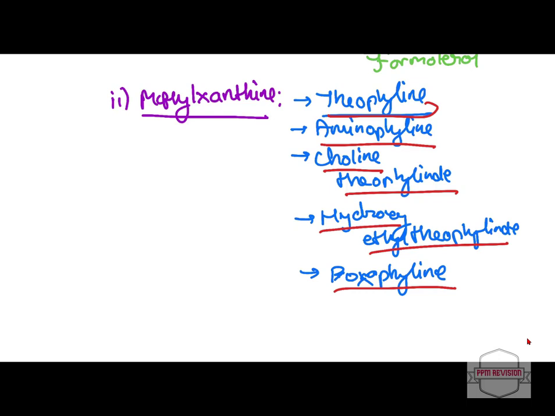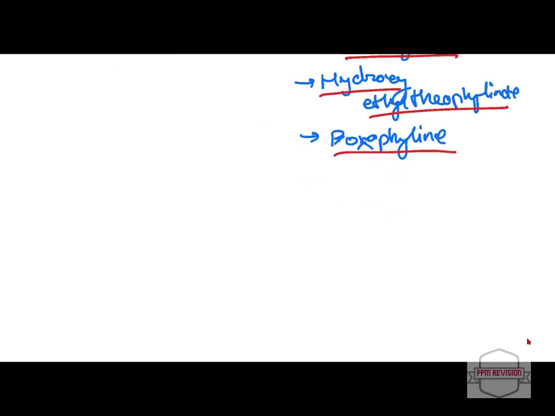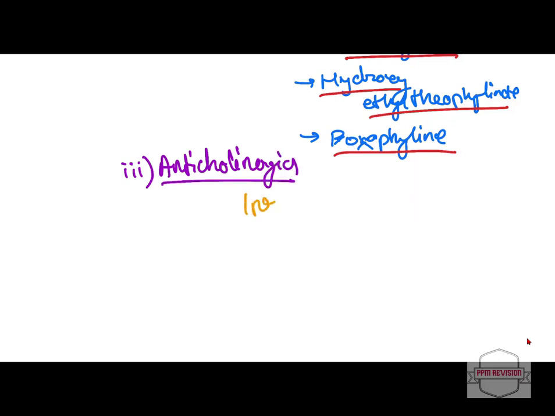Next category, there is anticholinergics. Under anticholinergics, there is ipratropium bromide, next there is also tiotropium bromide, okay.